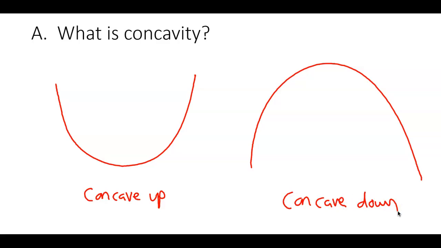So that's what concavity is. It's which way the curving is going, basically. So the next question we're going to look at is, what does that have to do with slope? So I'll show you.